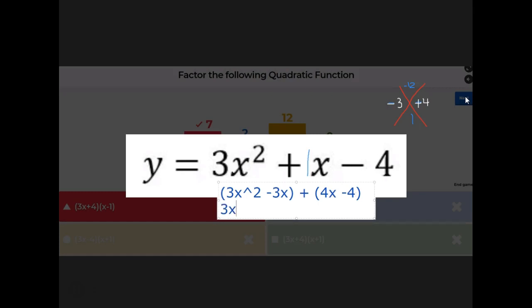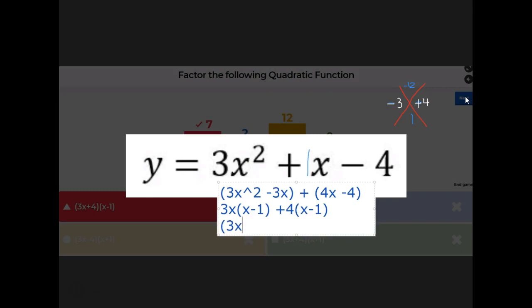So the GCF of 3x squared and 3x is 3x, leaving behind x minus 1. The GCF of 4x minus 4 is 4, leaving behind x minus 1. So you get 3x plus 4 times x minus 1 as your factored form.